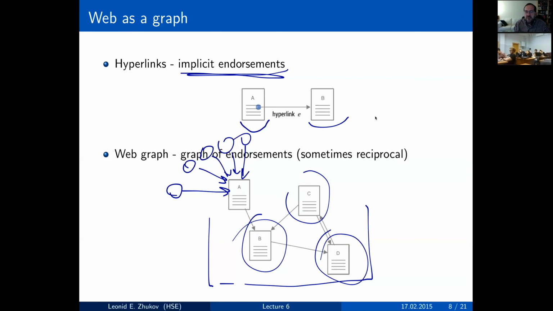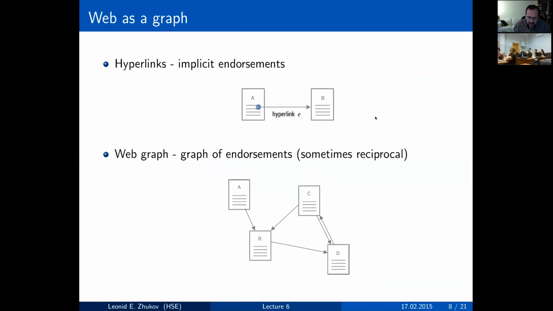And so the endorsement from a page like A should count less than the endorsement that, for example, comes from page D. The reason being is nobody points to page A, but at the same time, page D has 2 incoming links to it. And so page D should be able to provide stronger endorsement than page A.